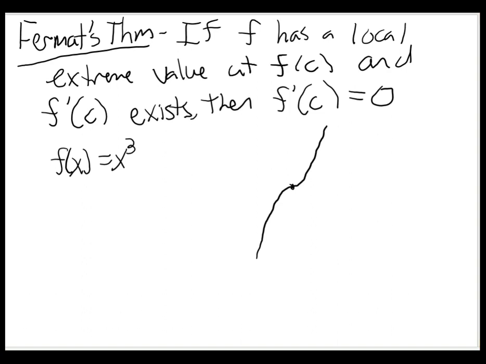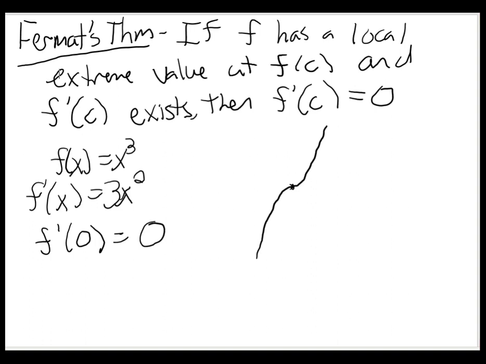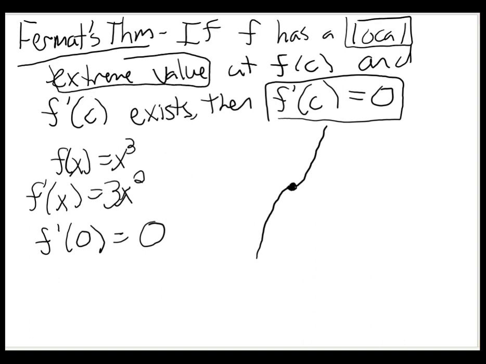And if you look at the derivative of that, 3x squared by power rule, notice that f prime of 0 is 0, but there's no local extreme value there, which just further shows that this condition does not give you the local extreme value. But it's going to start helping us move in that direction.